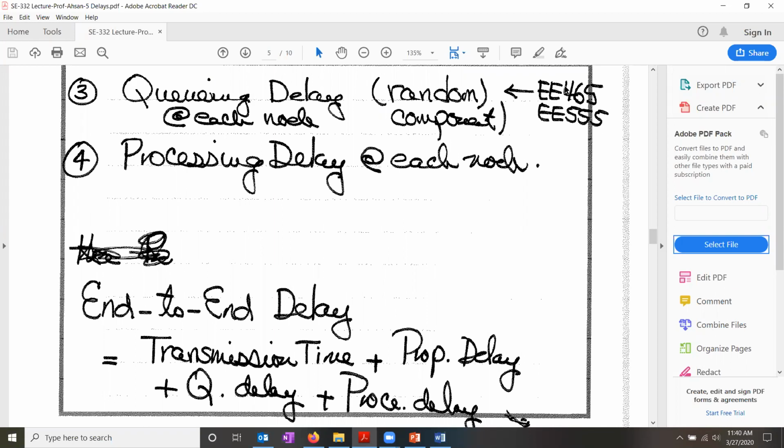The teacher was just saying at this point that you need to know probability and advanced networks in order to study these subjects in detail. So don't worry about these things. Just worry about the basic definition of keying delay and processing delay, what keying delay and processing delay are, as I told you.